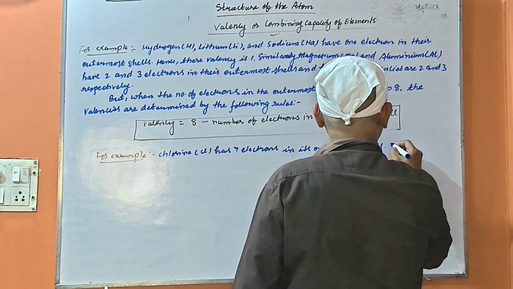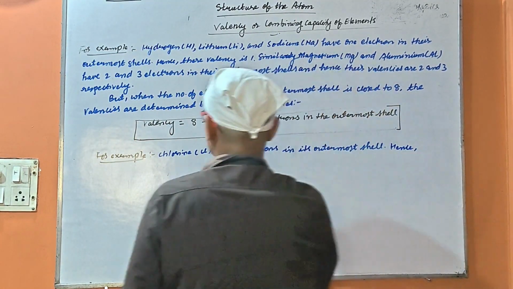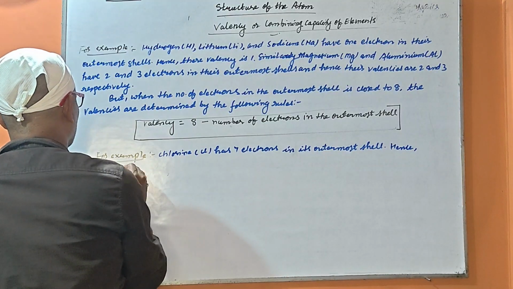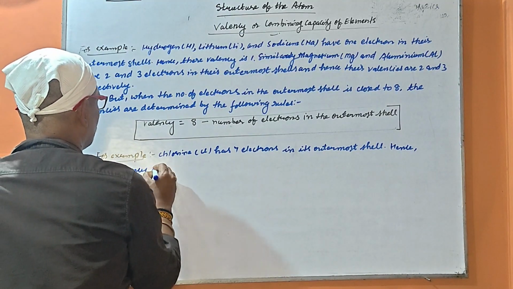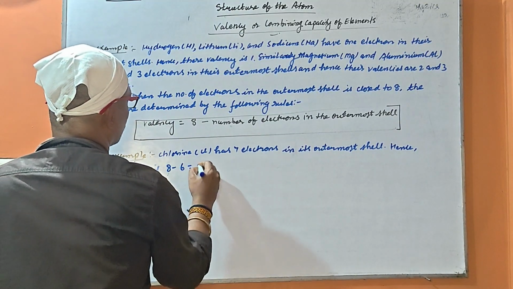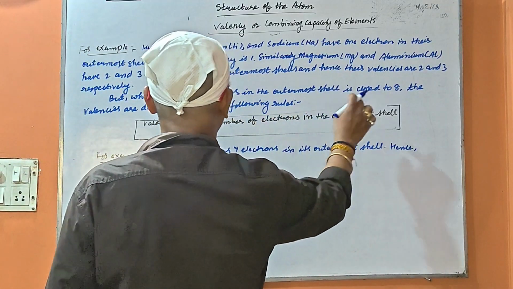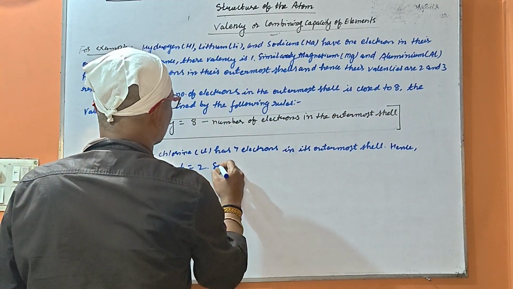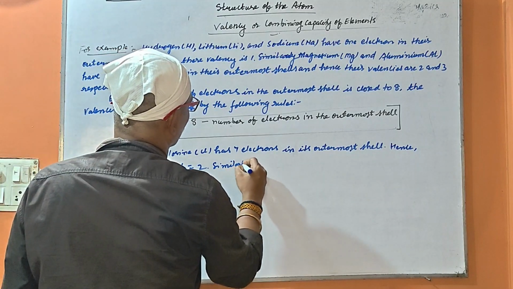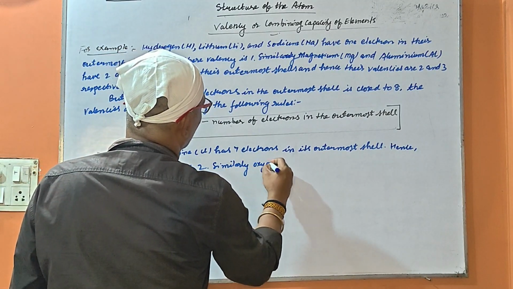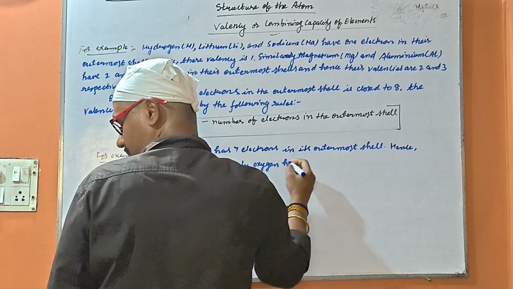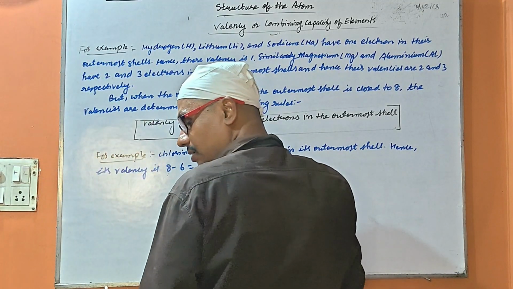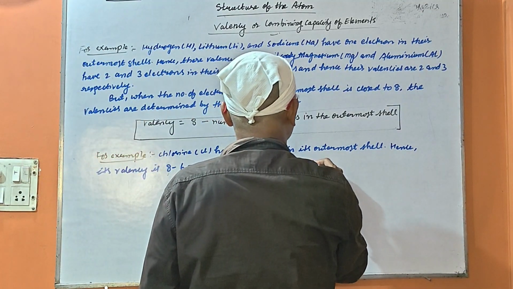Hence its valency is 8 minus 7, which is equal to 1. How? 8 minus the number of electrons in the outermost shell. Similarly, oxygen has 6 electrons in the outermost shell.